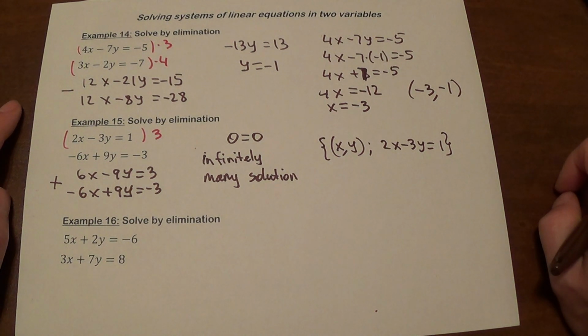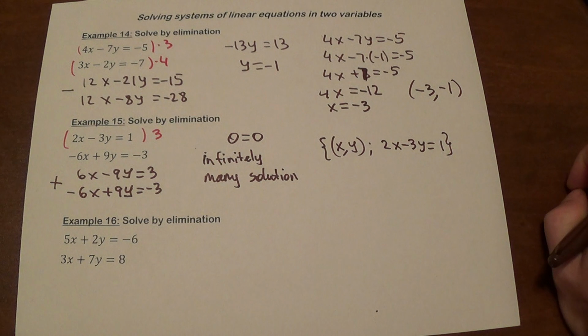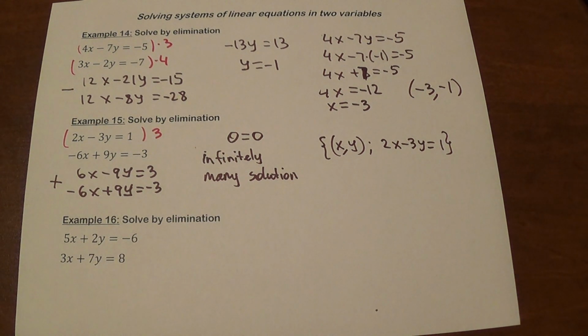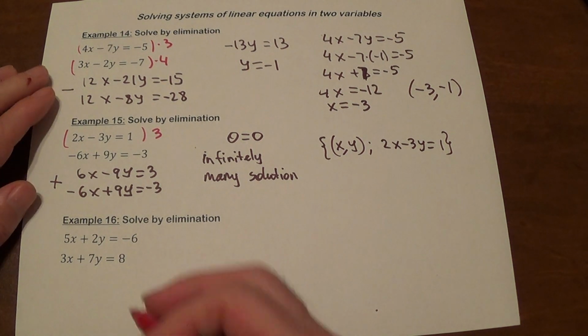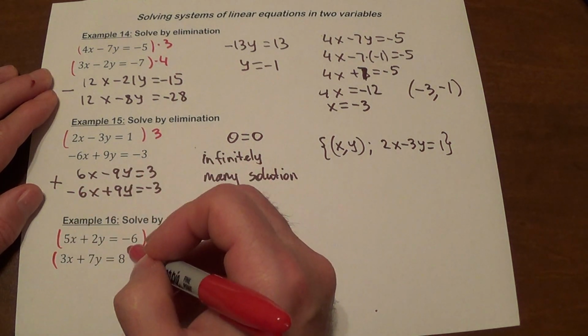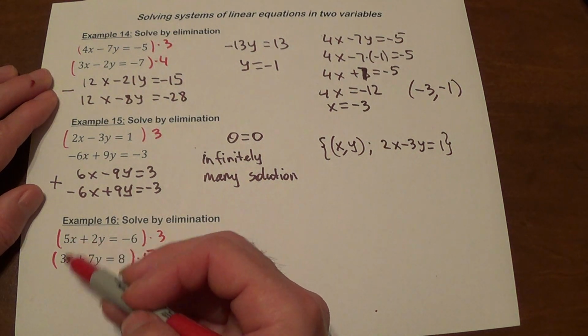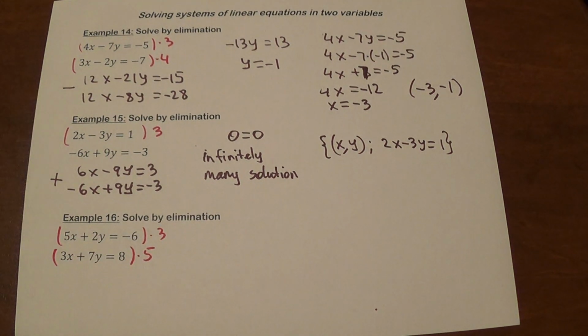Alright, our last problem. We're looking at this and this. We do not have the same coefficients or anything that I can multiply one equation by. So what I can do is multiply the first equation, for example, by 3, and I can multiply the second equation by 5. What that accomplishes is it gives me 15x for both of them, and this way I will be able to eliminate that.